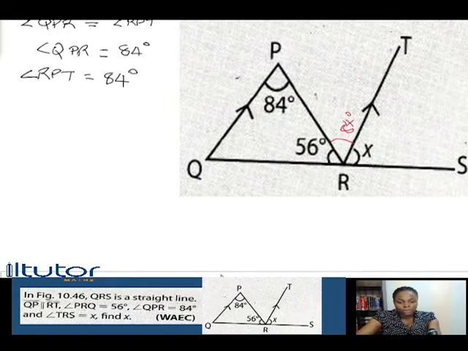Now let's look at this straight line QRS. The sum of angles on a straight line is 180 degrees.